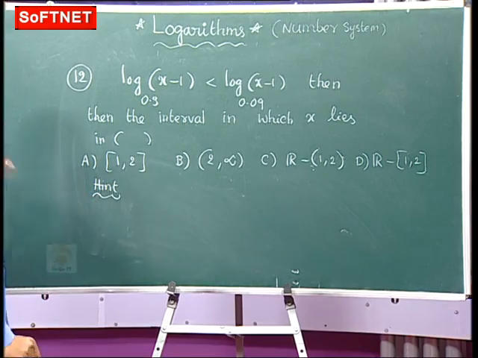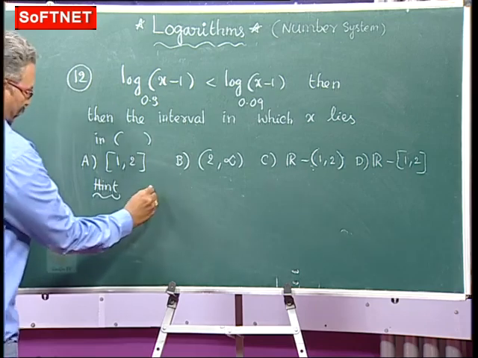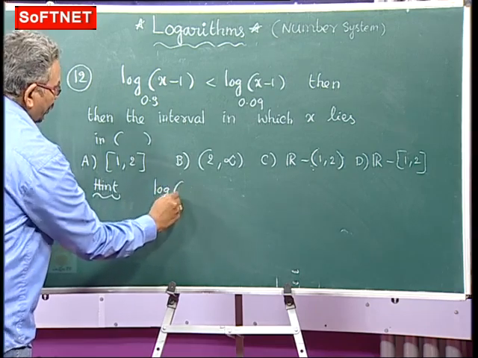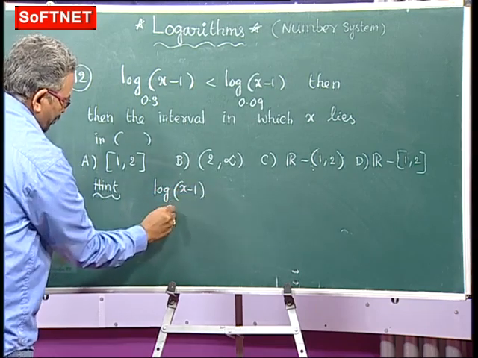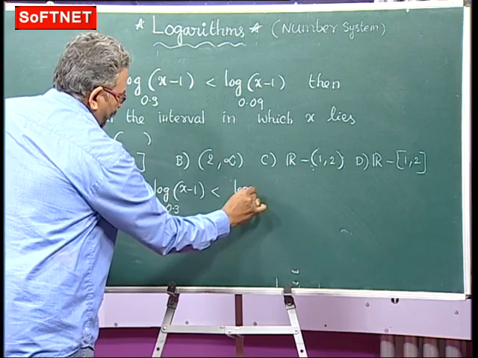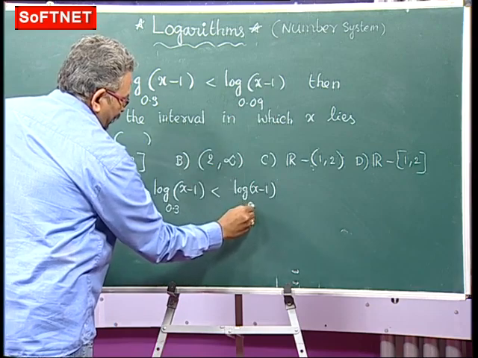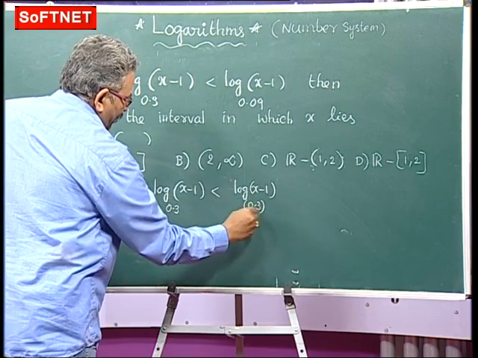Okay, if you want to solve this problem, here this is log of x minus 1 to the base 0.3 less than log of x minus 1, this 0.09 we can write 0.3 whole square.